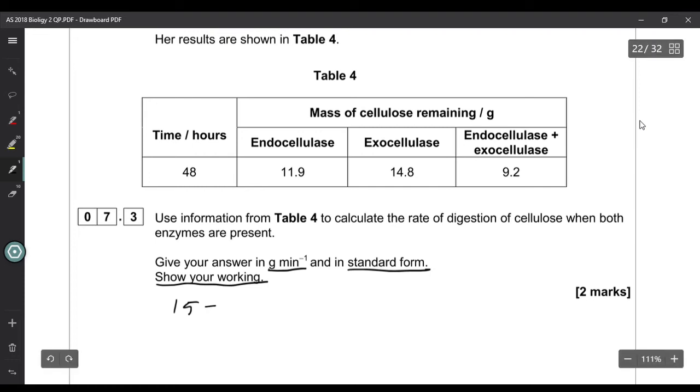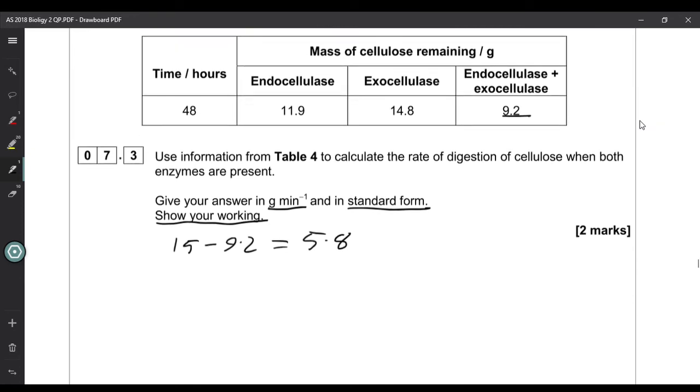9.2, when both cellulases are present, and that gives us 5.8 grams that have been digested. But we need to work out the rate per minute. So it's 5.8. Now we've been told that this takes 48 hours. So we need to know how many minutes that contains.